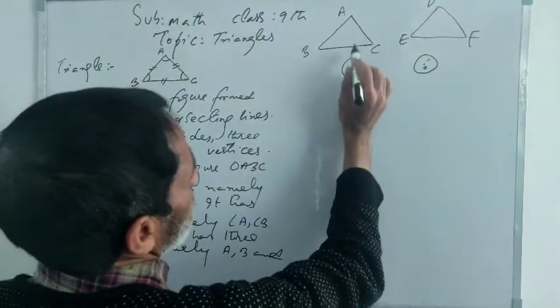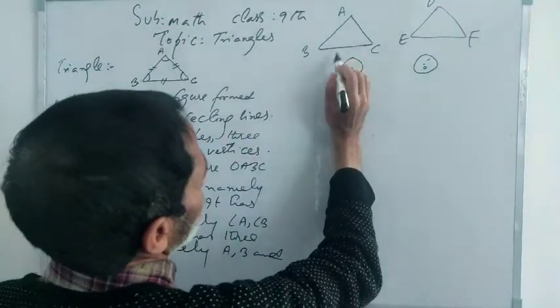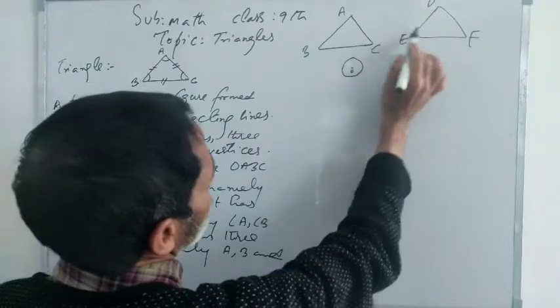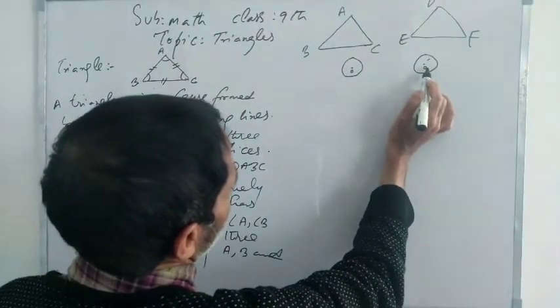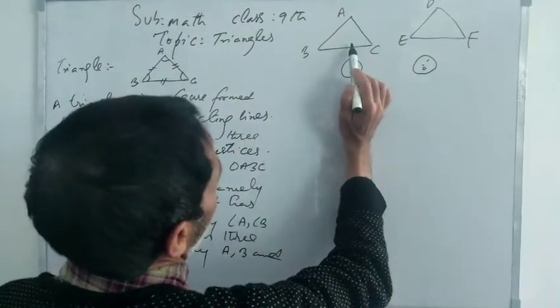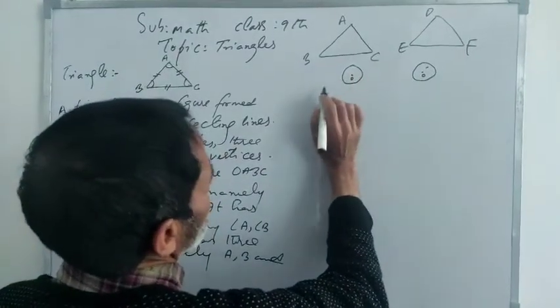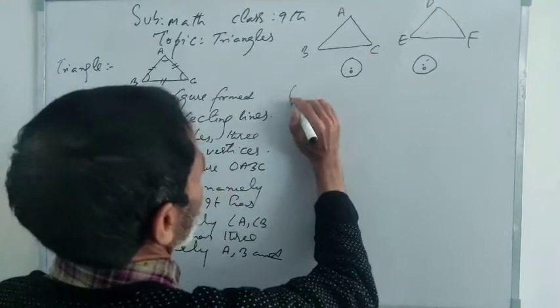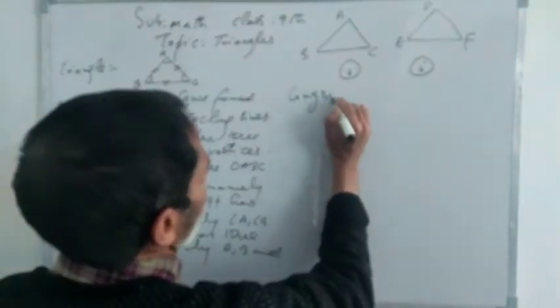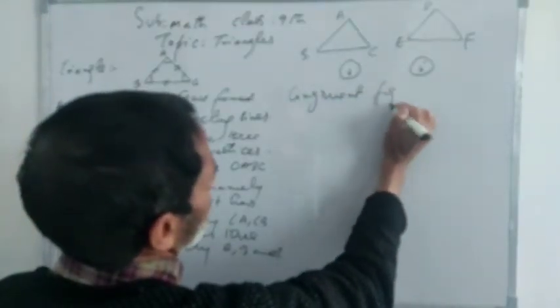If these figures have the same shape and same size, those figures are called congruent figures. We will state what are congruent figures.